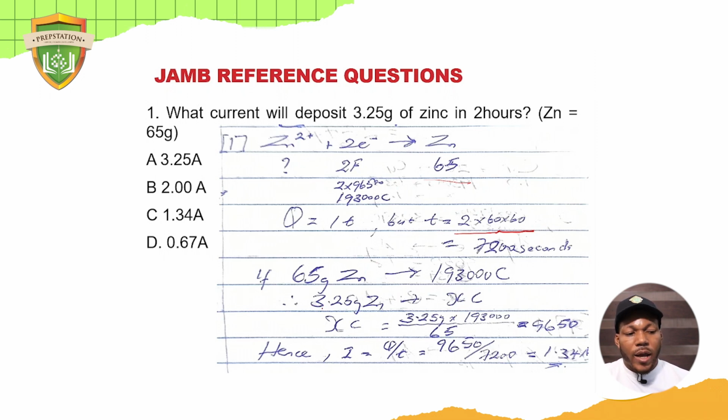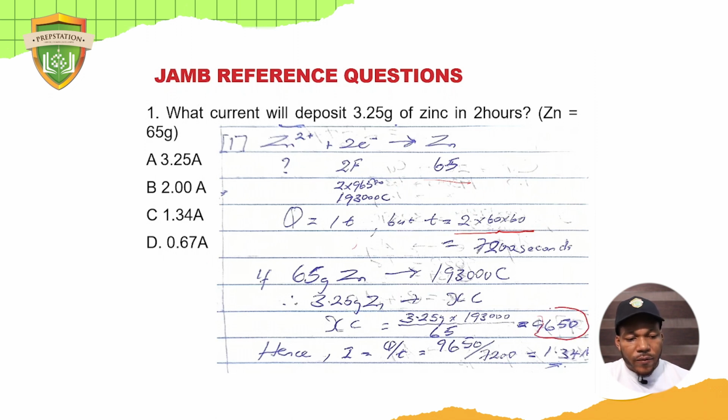You cross multiply to get x. That gives 3.25 grams times 19300 divided by 65. That will give us 96.